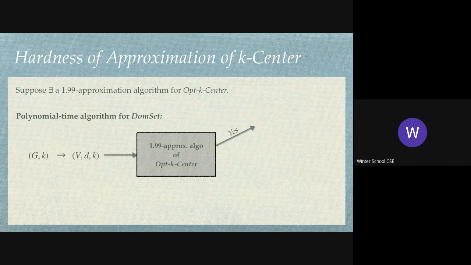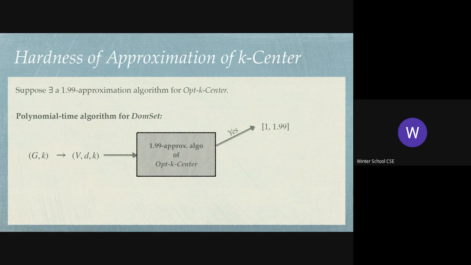So if there exists a dominating set of size K, what will be the minimum radius for V, D, and K? 1. So if it is 1, what values can you expect here? Some value from 1 to 1.99. Now what if G comma K is a no instance?